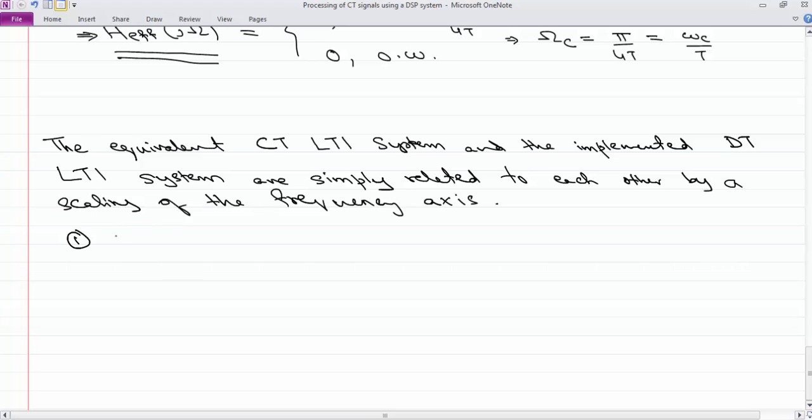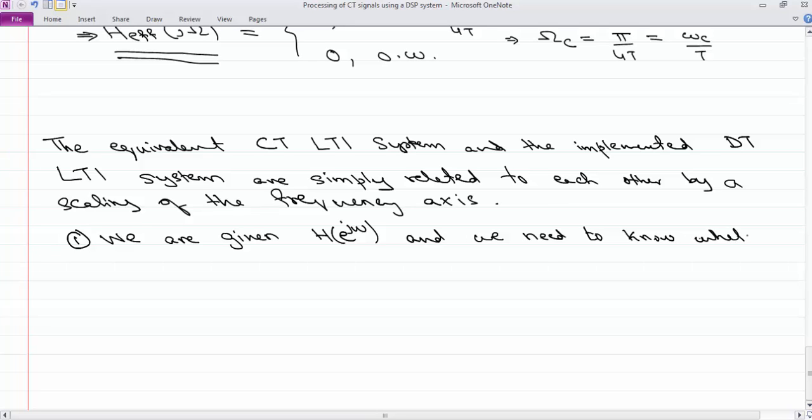One thing is that we are given the discrete time system and we need to know what its effect is, or what the equivalent continuous time system is.